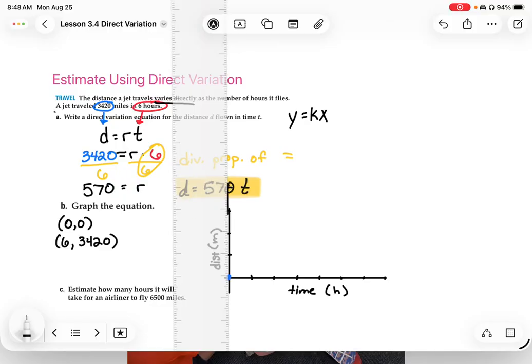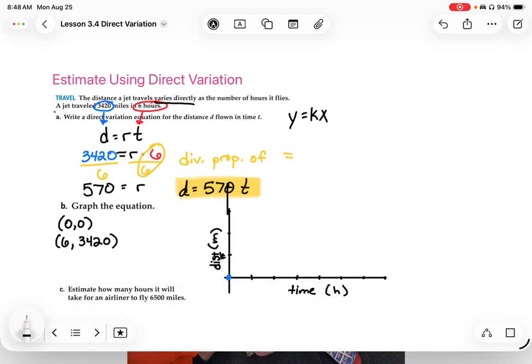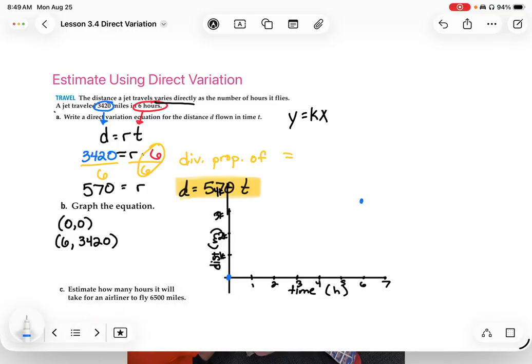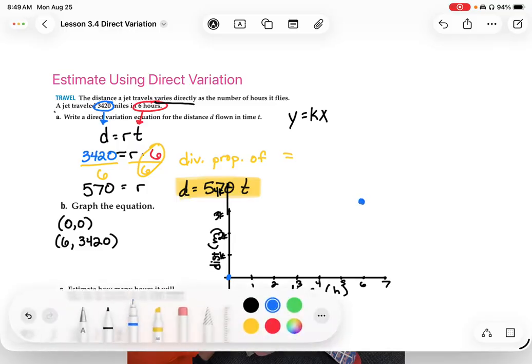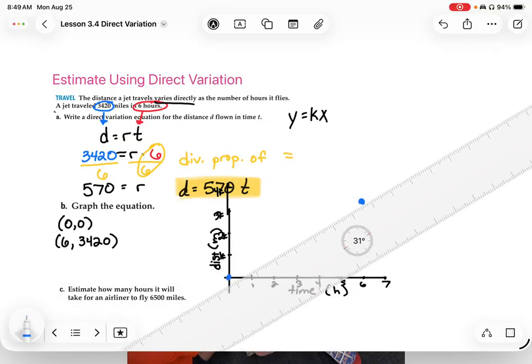Okay, so this is going to be 1K, 2K, 3K, 4K. And then this will be 1, 2, 3, 4, 5, 6, 7. Okay, so we'll do our point at 6 hours, and in between 3,000 and 4,000, that's about 3,420. There we go.